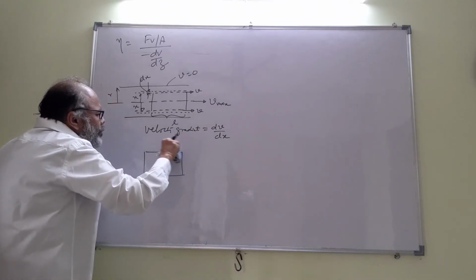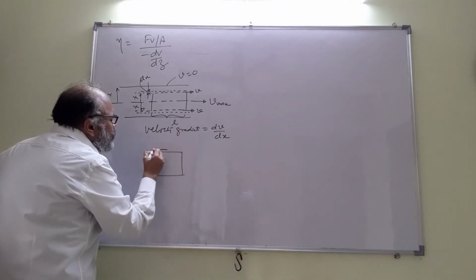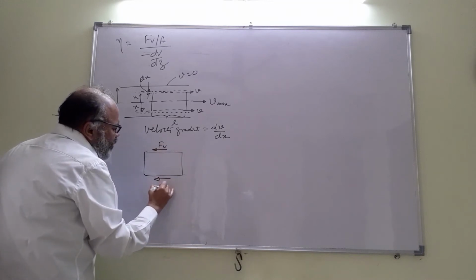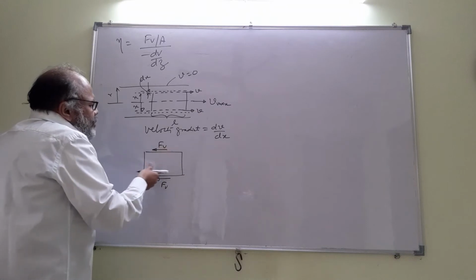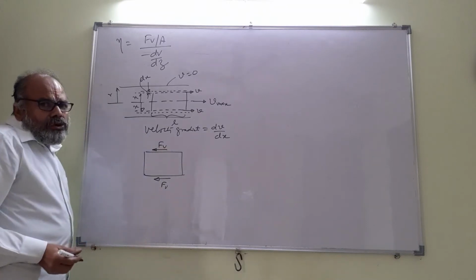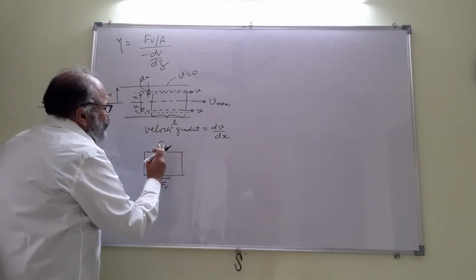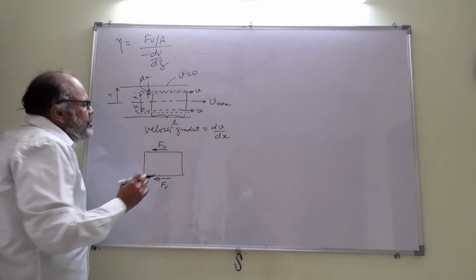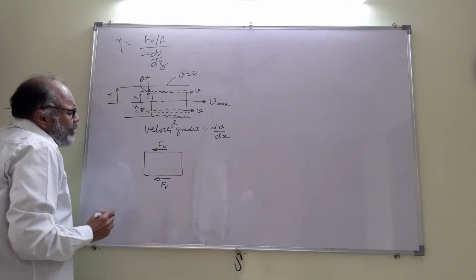The liquid is moving towards the right, so the viscous force Fv will act throughout the periphery tangential to the curved surface. Remember, the viscous force is like a frictional force. The slipping is towards the right, so the friction opposes slipping. In the same way, viscous force also opposes slipping, so the viscous force is towards the left.